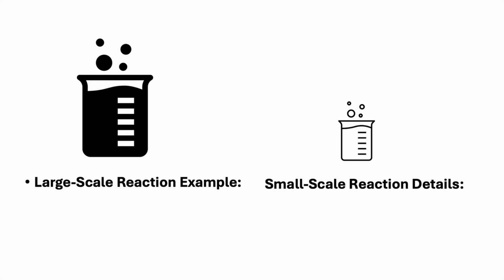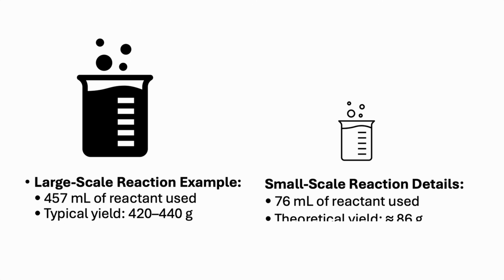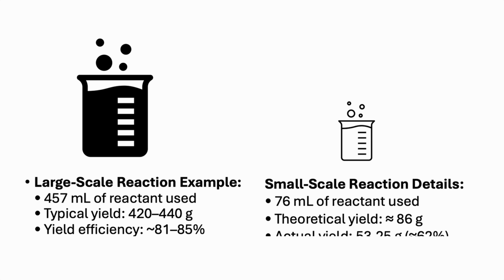For example, on a larger scale reaction I based my reaction from, using 457 milliliters of reactants instead of my 76 milliliters, you can typically get around 420 to 440 grams, which is roughly 81 to 85% of the theoretical amount. Scaling down to 76 milliliters, the theoretical yield is about 86 grams. So my 53.25 grams comes out to roughly 62%.